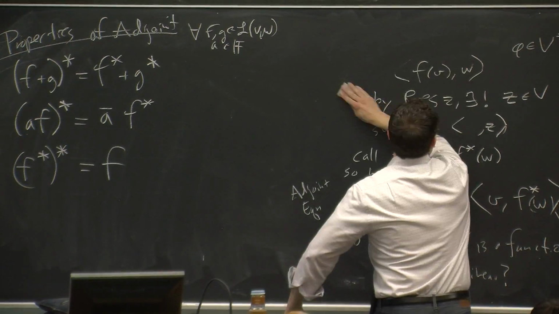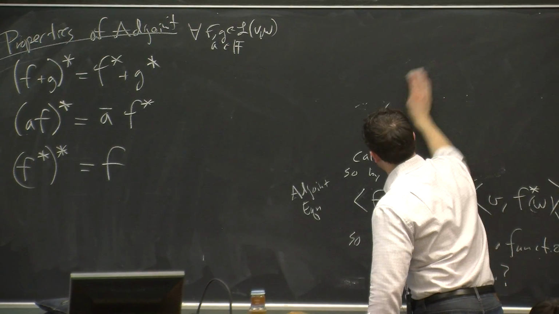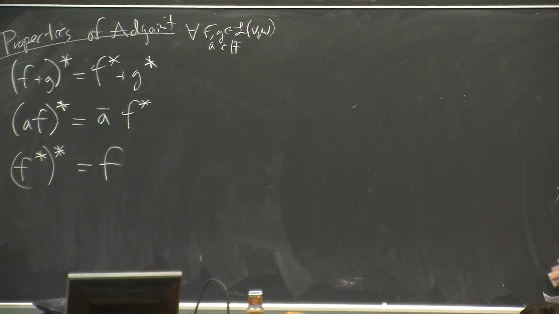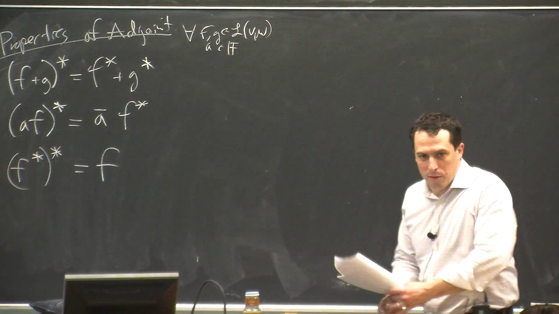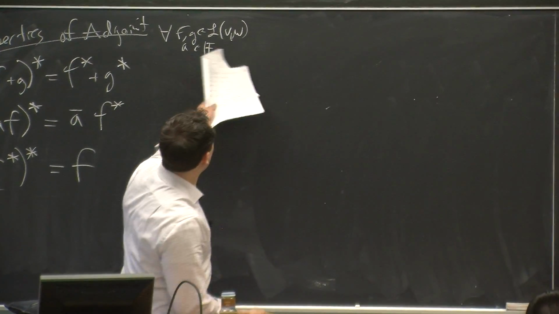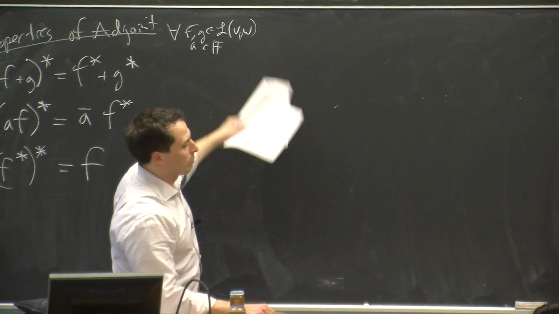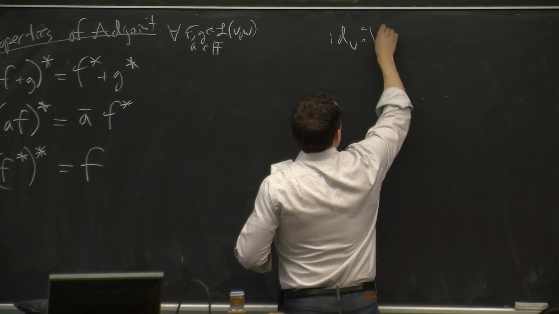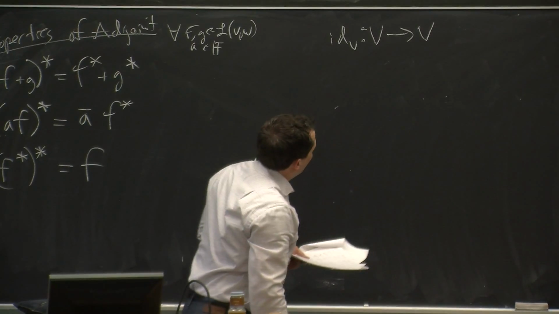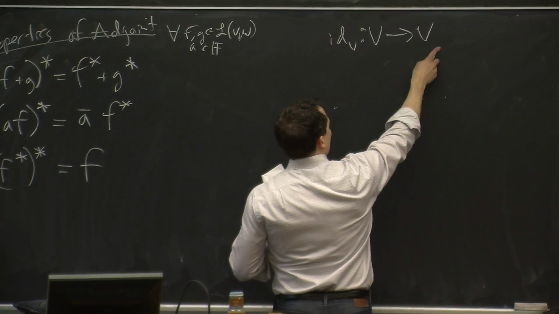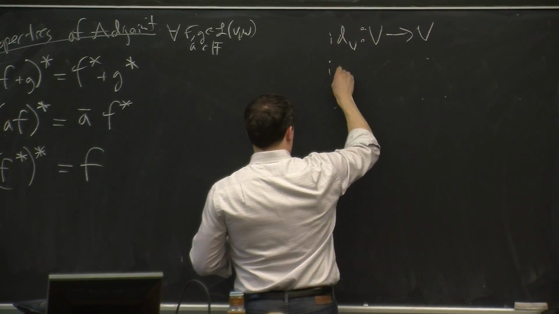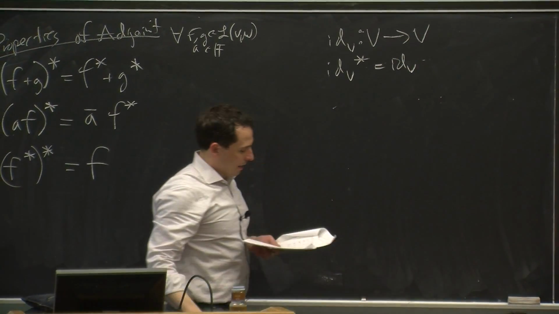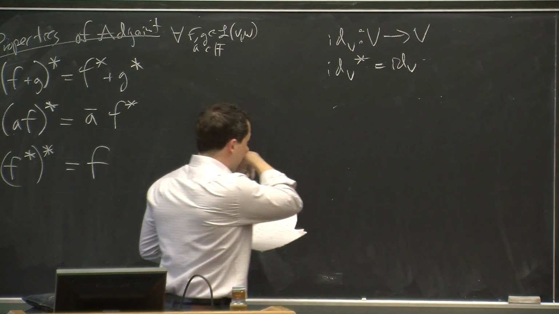There are some linear maps, if they're operators, if they go from a space back to the same space, it's possible for them to be equal to their own adjoint, right? If the domain and the codomain are different, that's not possible. But if they're the same, like for example, the identity transformation, its adjoint will go from V to V, and in fact, in this case, the adjoint of the identity is itself the identity.